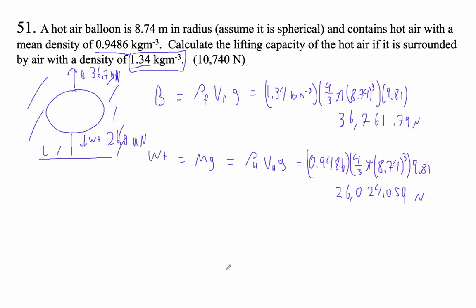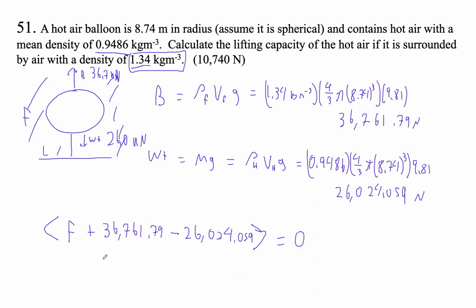If we want to add some other force here, some force plus 36,761.79 minus 26,024.059, that has to add to 0. If we've tied this thing down, whatever that force is, it's not accelerating. So it's the difference between these two.